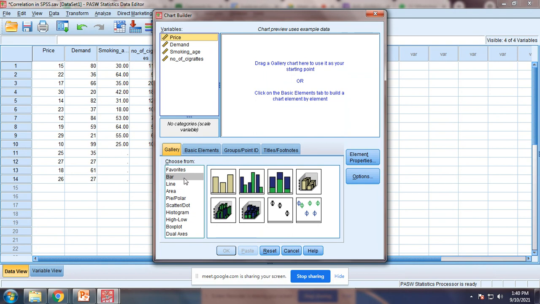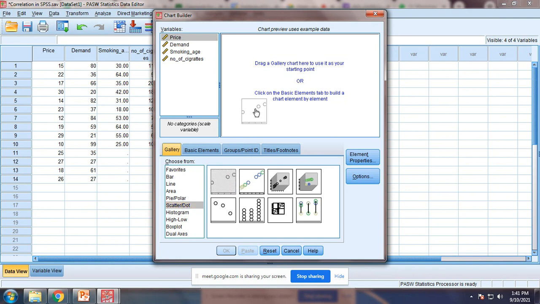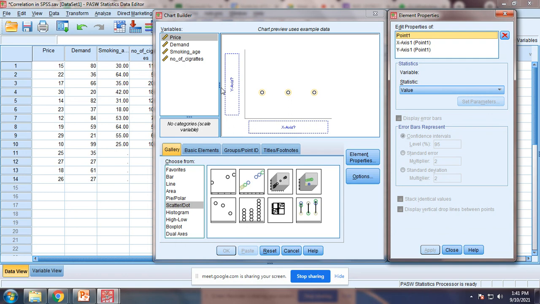Here you have Choose from in the gallery, with different kinds of charts. Choose scatter or dot, then select the very first one, a simple scatter. Drag it and drop it in this white area.